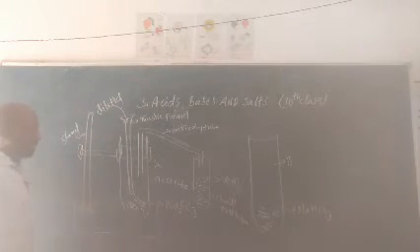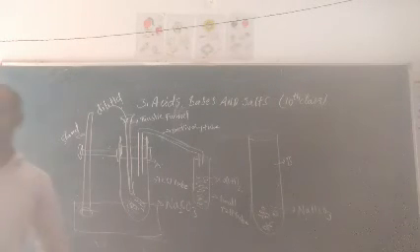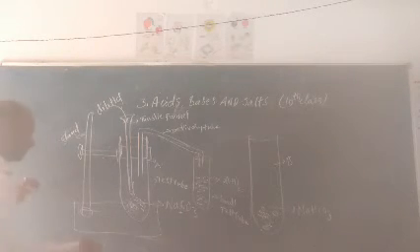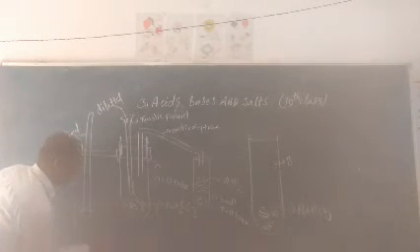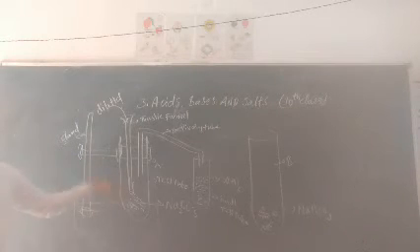When we add the dilute HCl, it is going to react with the sodium carbonate. We are going to write the chemical equation for the reaction occurring in the test tube.